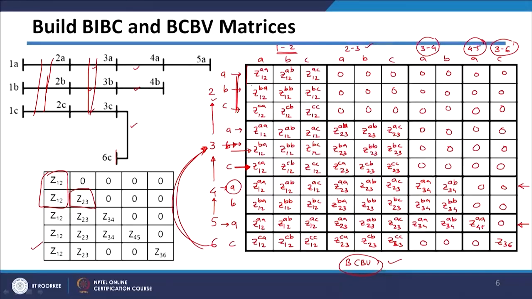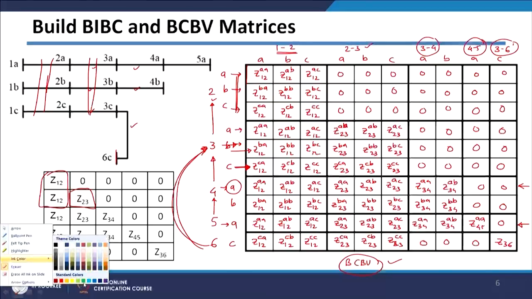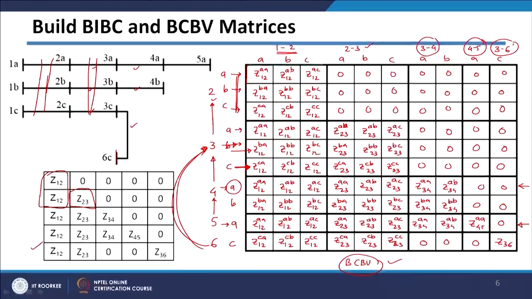So, we can see that here we are getting these entries which are basically 3 by 3, and then here this entry is 2 by 2, because we have only 2 phases here. This entry will be 1 by 1 because only one phase is existing here, and this entry will again be 1 by 1 because only one phase is existing here.